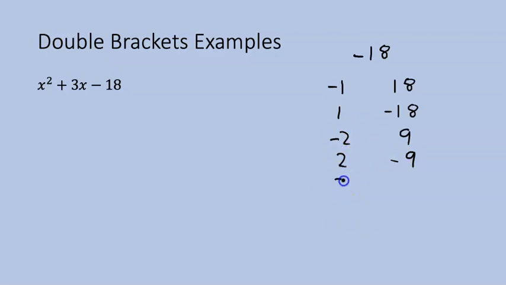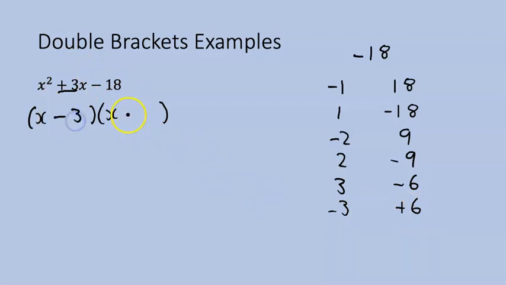So I keep going. 3 times minus 6 and then minus 3 times plus 6. So it looks like 3 and 6 are going to be my numbers. But it's choosing the right numbers that go inside my bracket. That's important. Minus 3 plus 6 gives me plus 3. So therefore it's going to be x minus 3 multiplied by x plus 6.